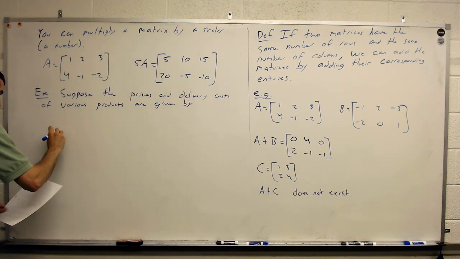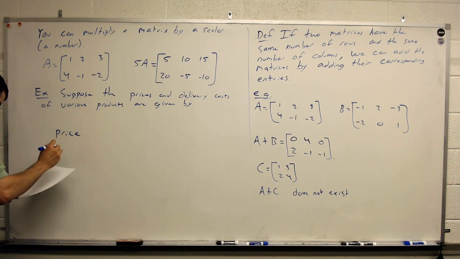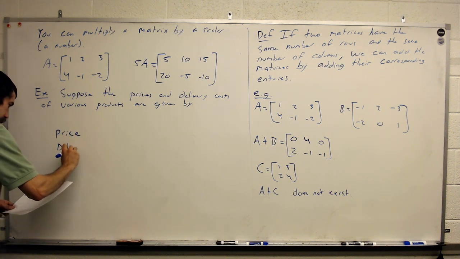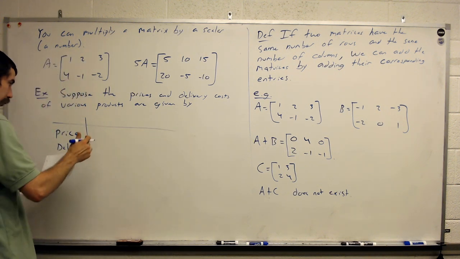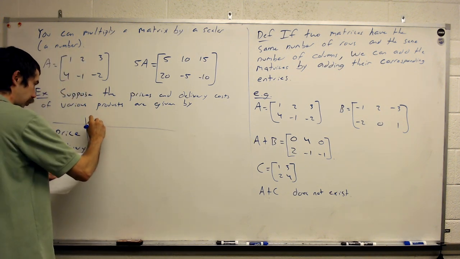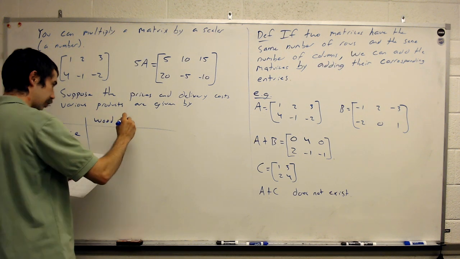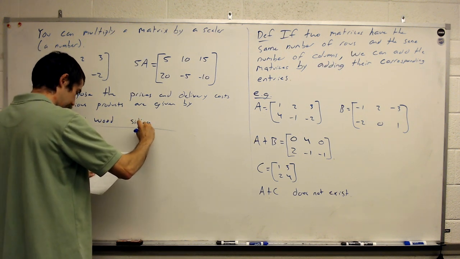All right, so here we have a price and delivery. And we have 3 different products: wood, siding, and roofing.